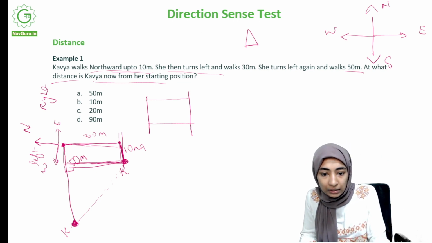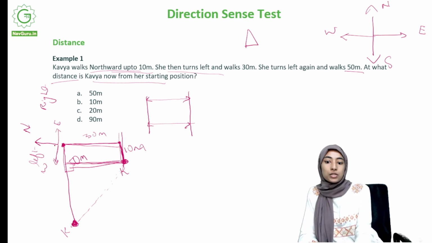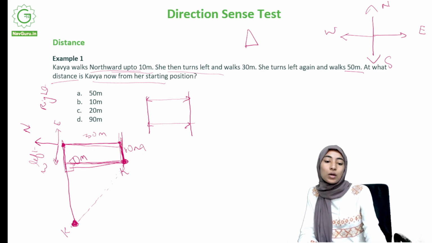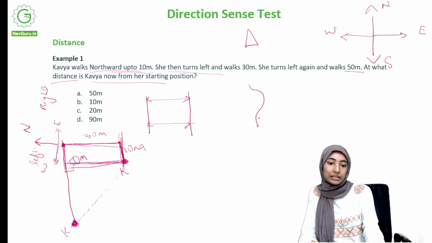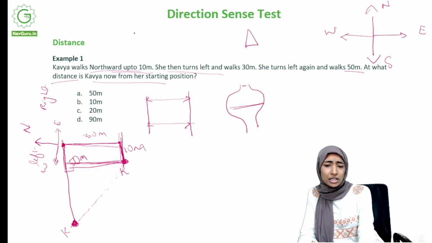Here the width is the same and here the width is the same. Since these are straight lines, there is no curve. For example, if it's something like this and this, then it's not the same. But if these are two straight lines, then this is the same.